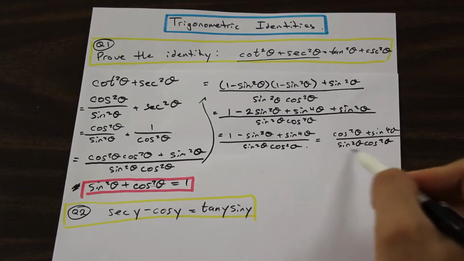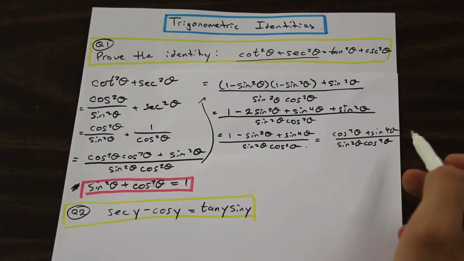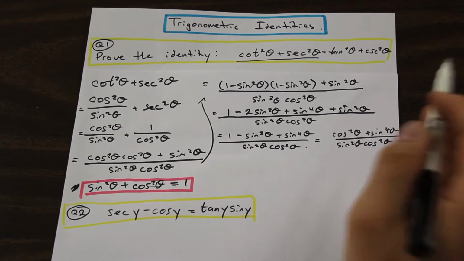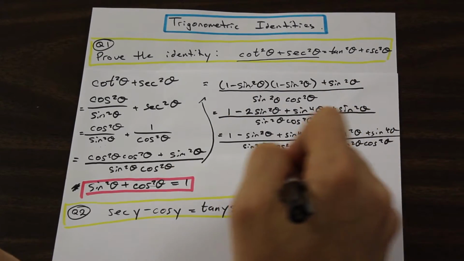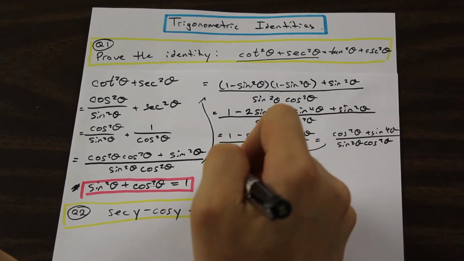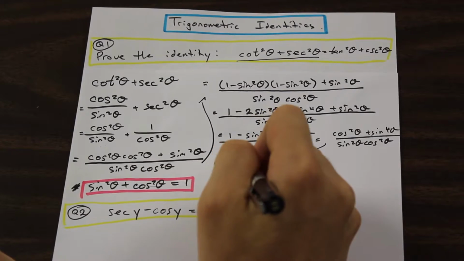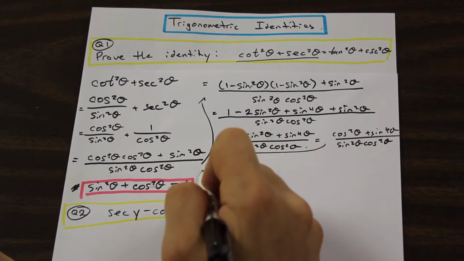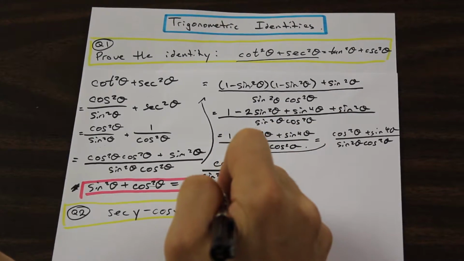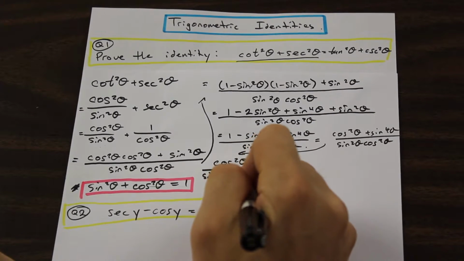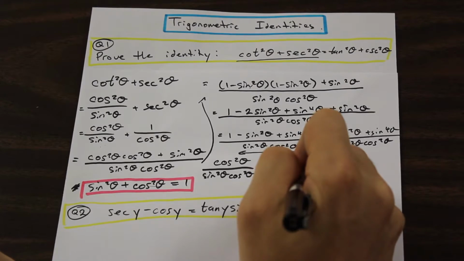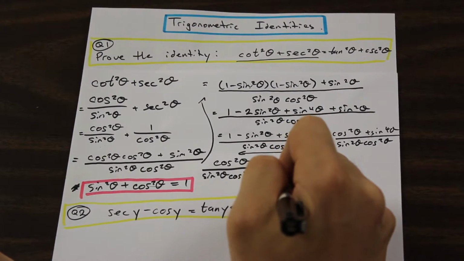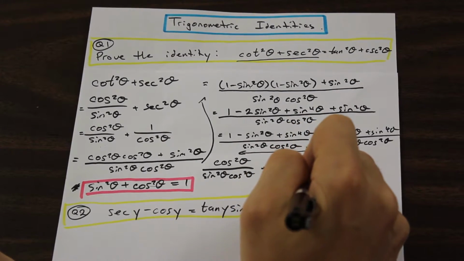So let's go ahead and separate this into two different fractions, and as you'll see, we're going to have some cancellations. So let's bring this down here. We have cos squared theta over sine squared theta cos squared theta plus sine to the 4th theta over sine squared theta cos squared theta.